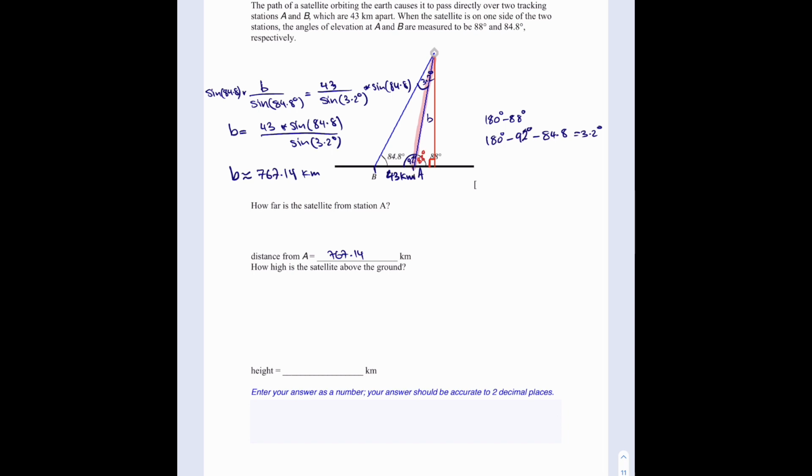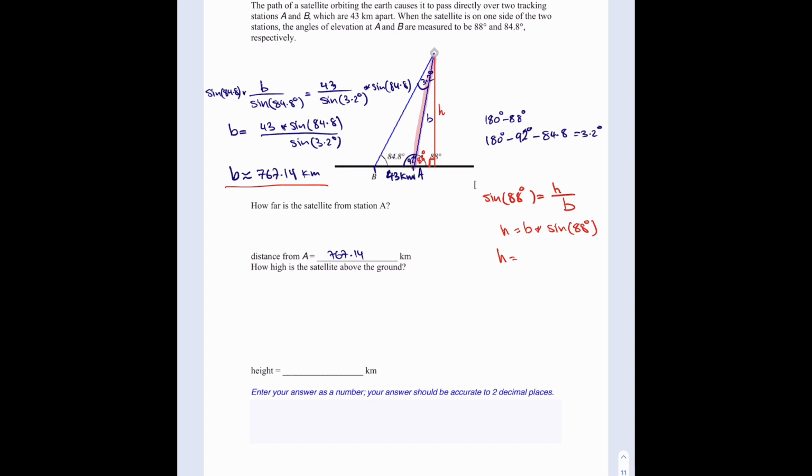So if I want to find the height h relative to 88 degrees, I can say that sine 88 degrees is equal to the opposite h over the hypotenuse, which is now b, and we computed b. So h is going to be b times sine 88 degrees.